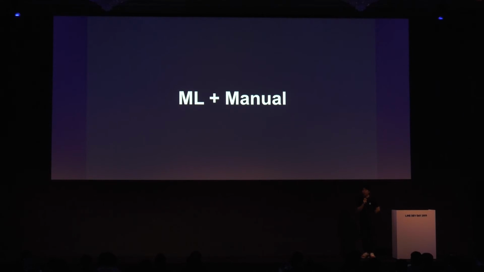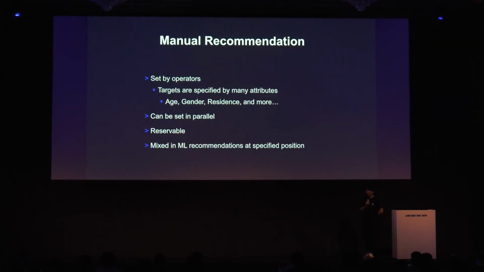So now let me talk about the architecture, which also adds the manual recommendation. The manual recommendation, as I said, had some problems in the initial implementation. So first, let me talk about the initial implementation and also its problems and how we overcame the issues. And that's the flow of the rest of my presentation.